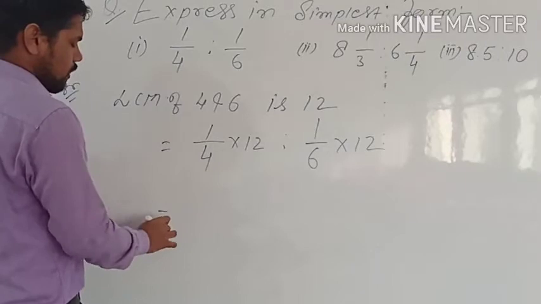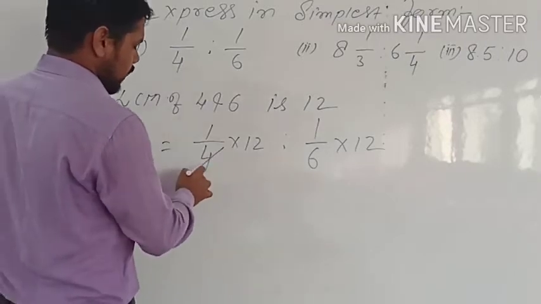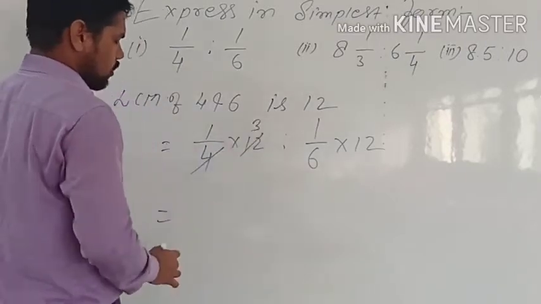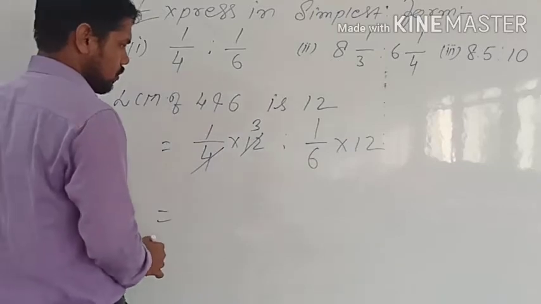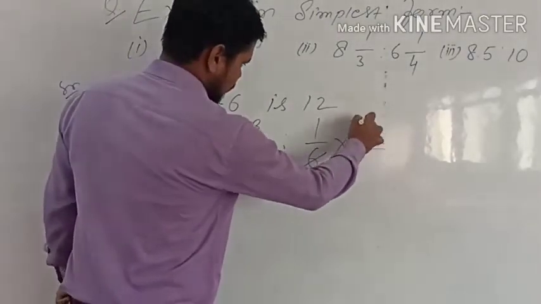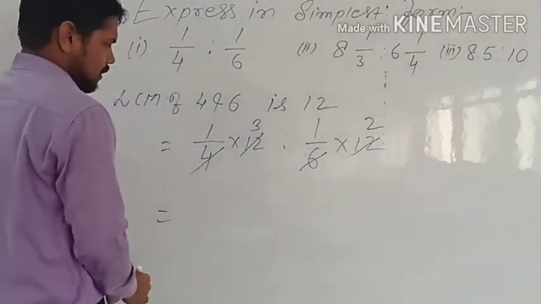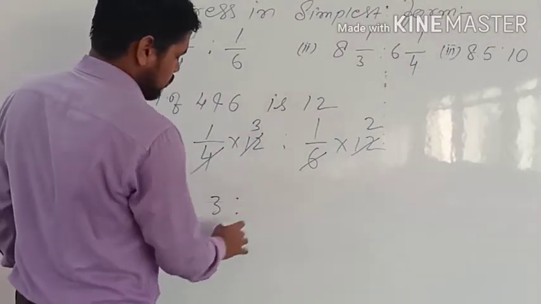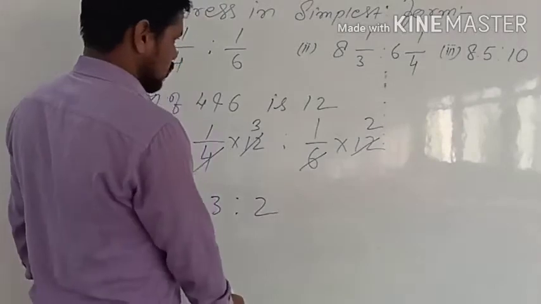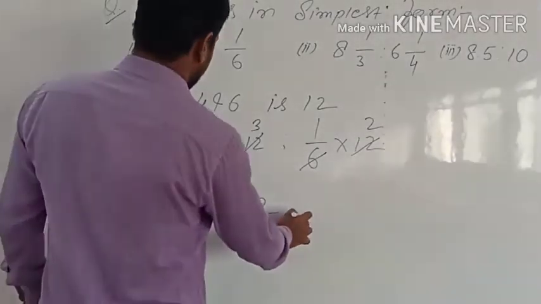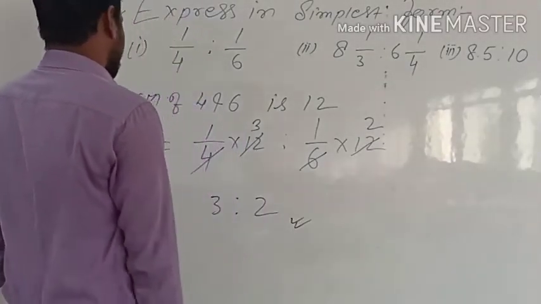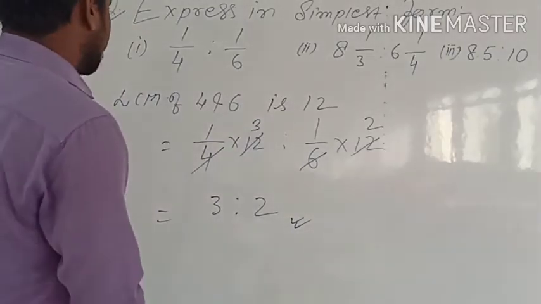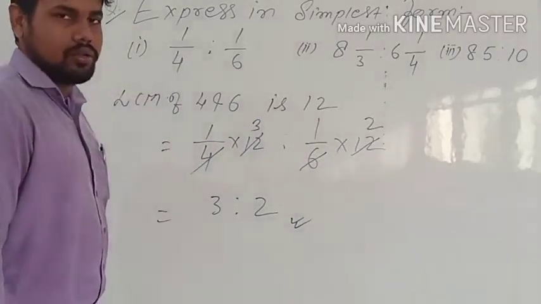If you multiply, then it will cut how many times? 4 3s are 12, right? 6 2s are 12, right? So the final answer you can get is 3 ratio 2. Okay, so 3 ratio 2 is the ratio for question number 1.